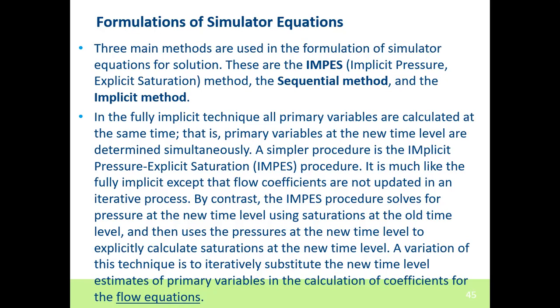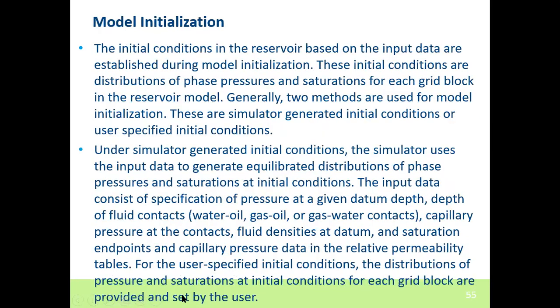But for the implicit pressure, explicit saturation method, what is done is that you solve for pressure at a new time step using saturations at the old time step, and then you use the pressure calculated to evaluate saturations at a new level. I wouldn't emphasize further on this.